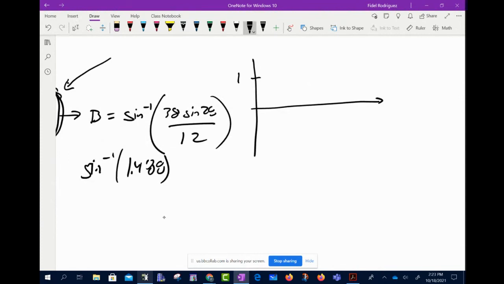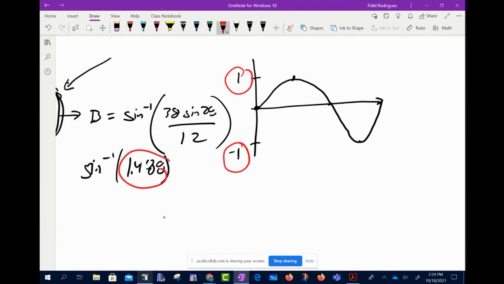And when we think about our sine function, remember our sine function kind of looks something like this, and sine kind of does this. So sine bounces between the numbers 1 and -1. So when I'm coming up with this 1.488, that's somewhere over here, right? And sine never goes above 1 unless there's some kind of multiple in front of that sine, but sine itself doesn't go above 1.